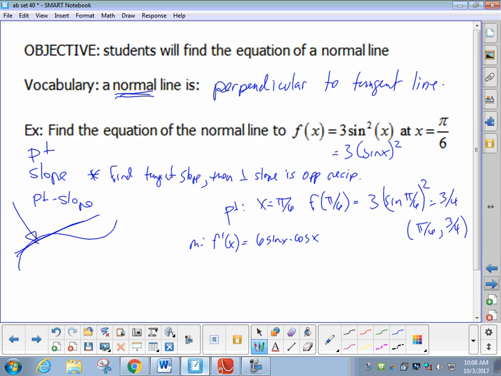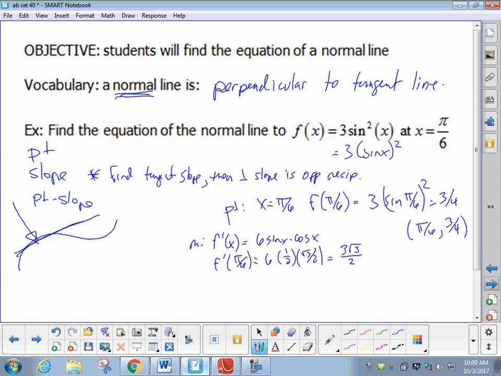Do you agree that's a chain rule problem? Being careful not to bleed the general derivative into the specific, in the next step the derivative at pi over 6 is 6 times sine of pi over 6, which is 1/2, and cosine is root 3 over 2. So simplified, this is 3 root 3 over 2.